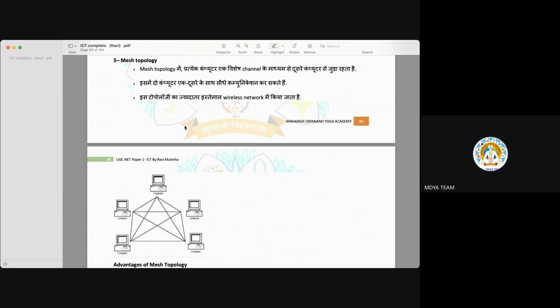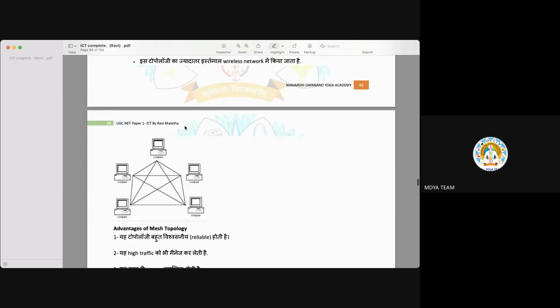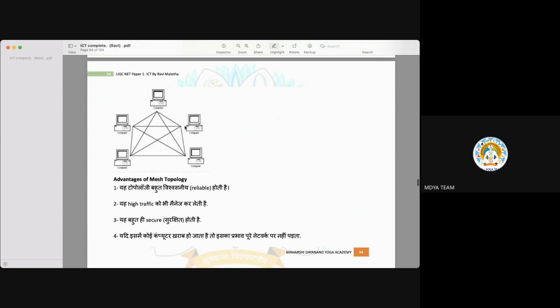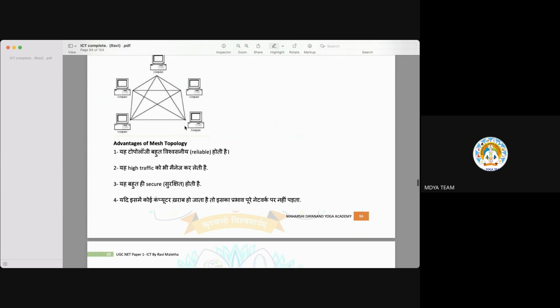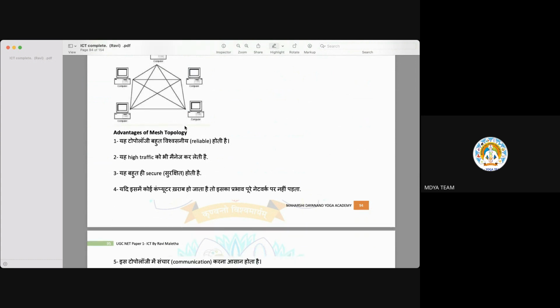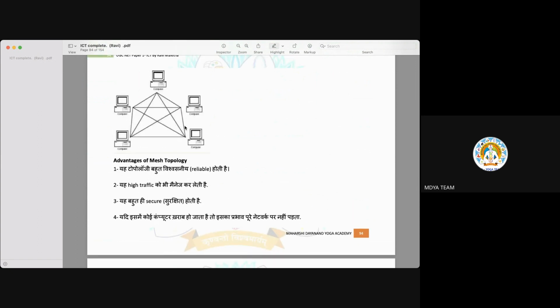And the connection here is generally used in wireless networks, and this is a reliable topology. They can manage high traffic, and they are secure. If there is any problem in a single computer, the whole network doesn't get affected.